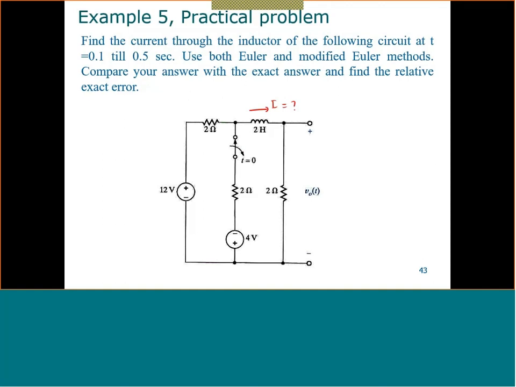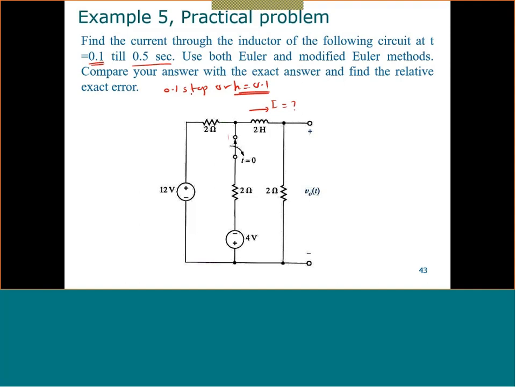At t equal to 0, this switch is open, and we want to find what the current will be from t equal to 0.1 until we reach 0.5 seconds, using a step h equal to 0.1. So we want to see what the current is at 0.1, 0.2, 0.3, 0.4, etc.